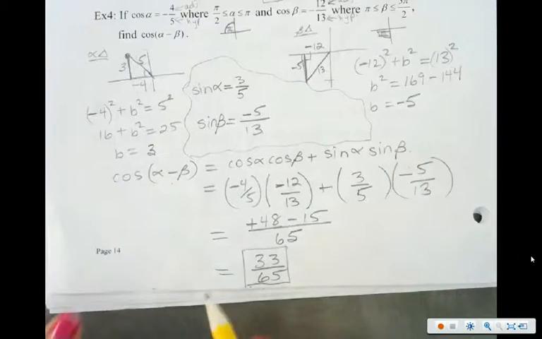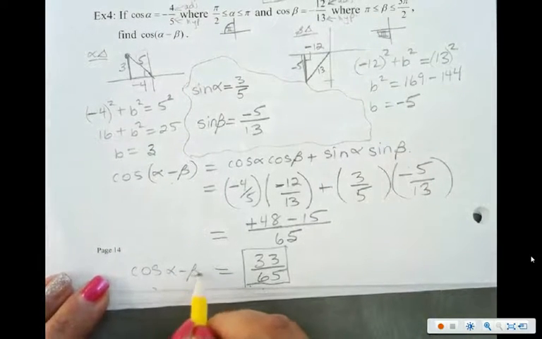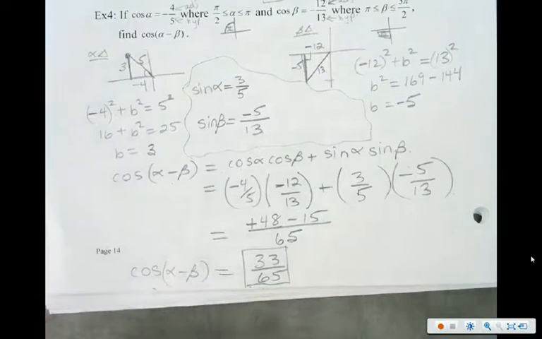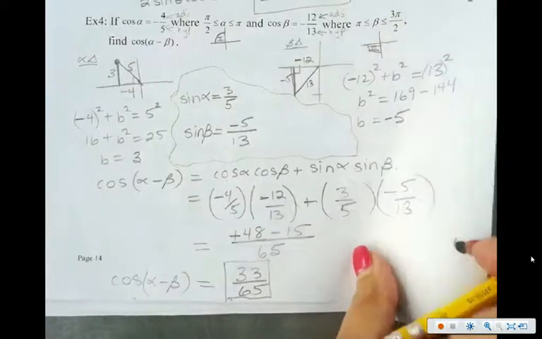So that's our answer. That's what cos of alpha minus beta equals. Use what you have to figure out what you need. No, we can't reduce that.